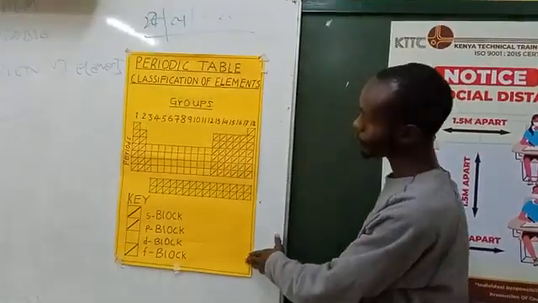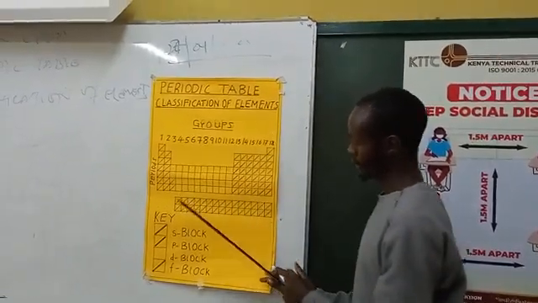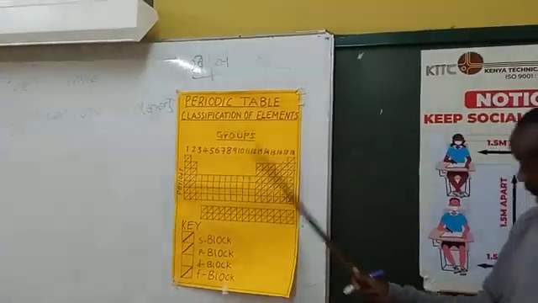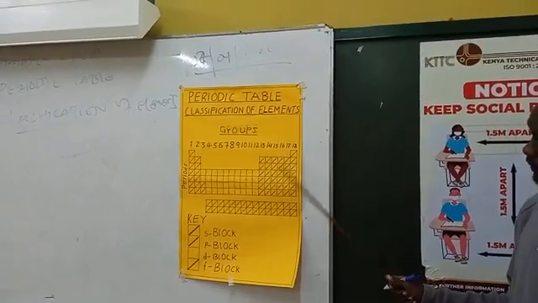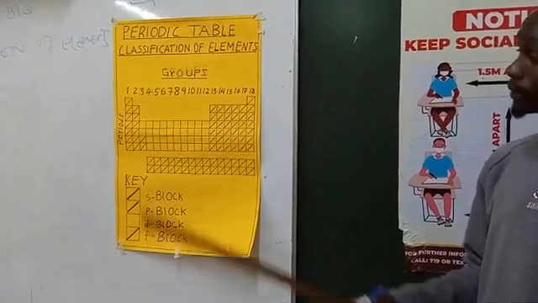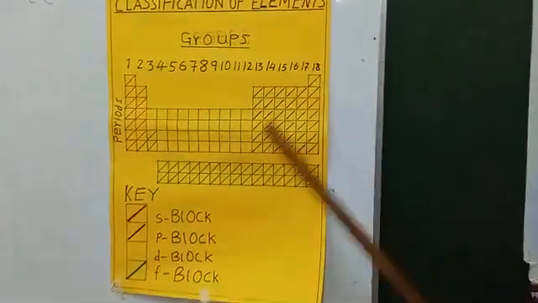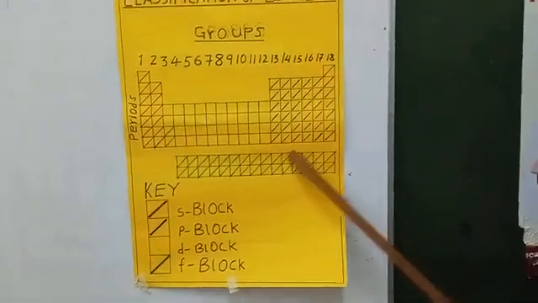We say that S block elements are the ones shaded in red, P block elements are shaded in black, D block elements are in the unshaded region, while the F block elements are shaded in green.